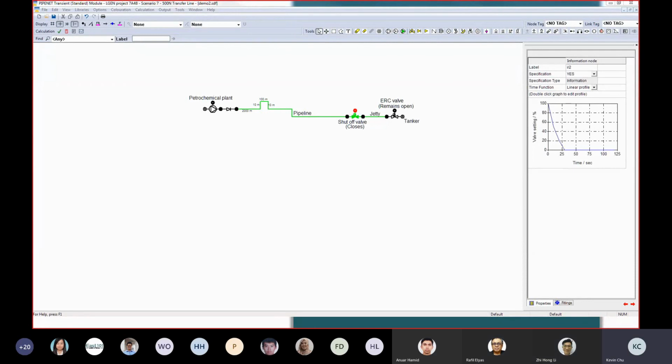Just now when I showed you, there's a different way to specify the CV. Then it may have different equations to calculate how they relate the pressure drop to the flow. So that's my answer for that.